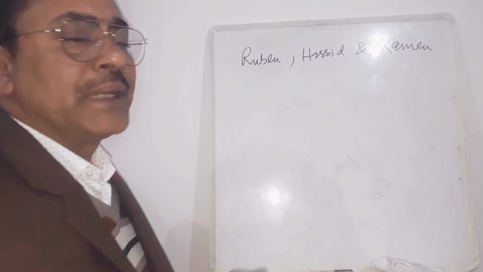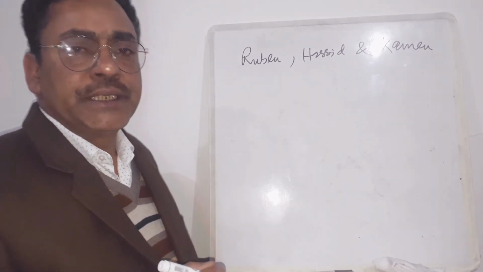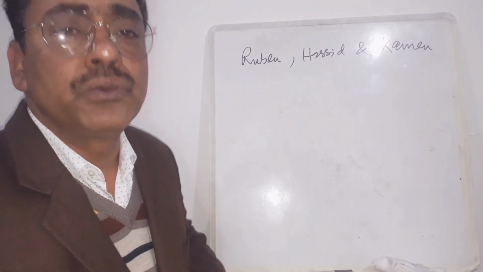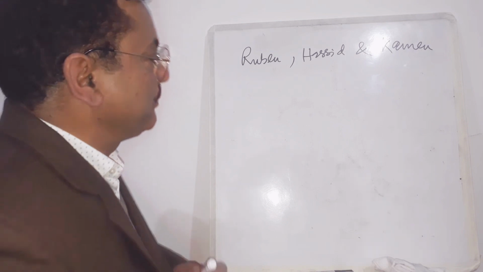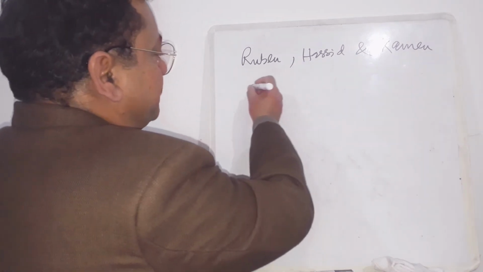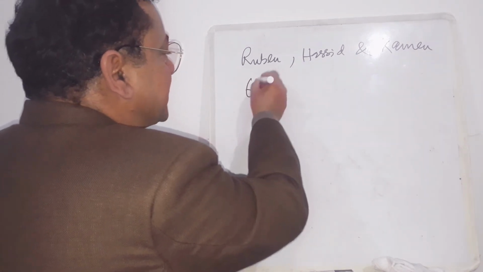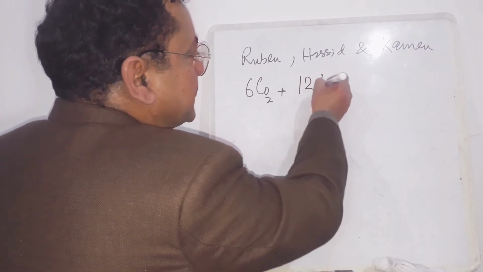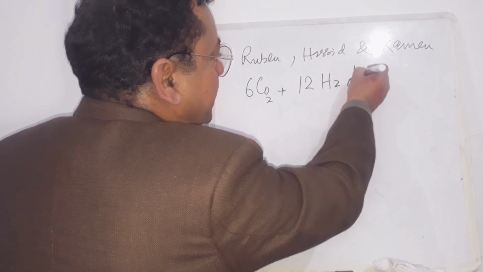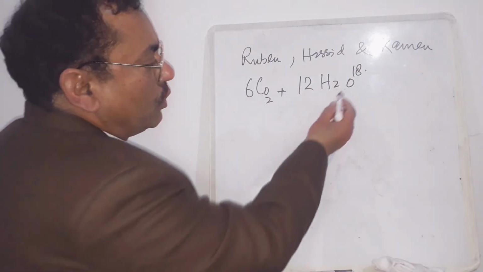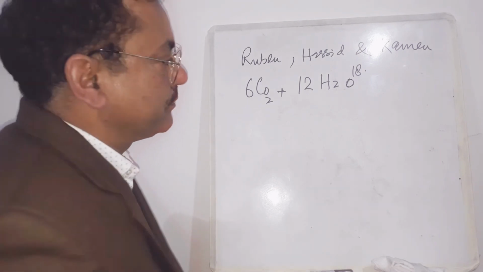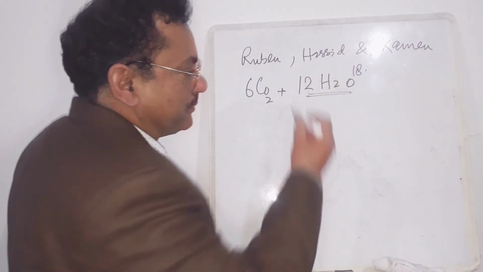You know that normal isotope of oxygen is O16, but they took water which contained oxygen with O18 isotope. So they wrote the equation 6 times CO2 plus 12 times H2O18. So oxygen is labeled radioactive isotope of oxygen that is associated with water.